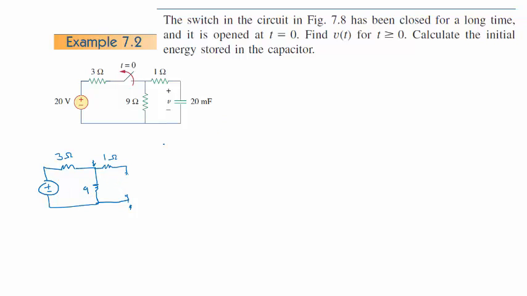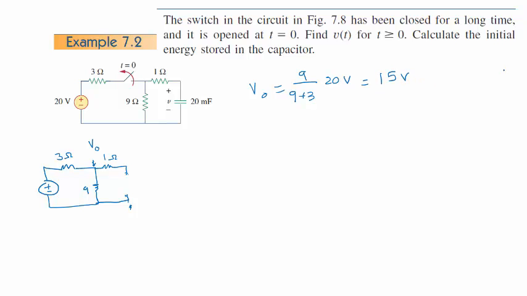I'll call that V, that's our initial condition, so V0, right? V0 we just get from this loop that exists right here. So it's 9 ohms using a voltage divider, 9 over 9 plus 3 times 20 volts, and that will be 15 volts.